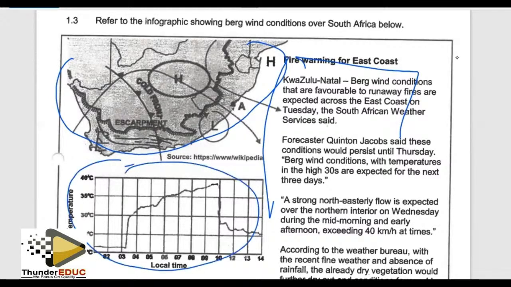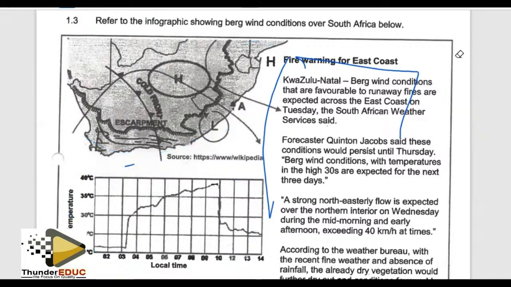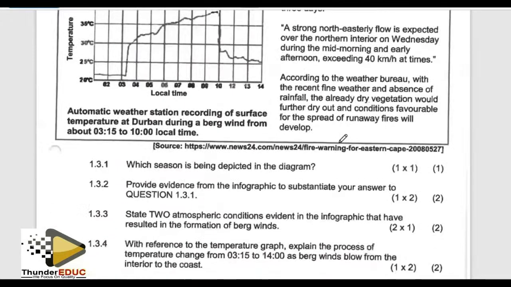Remember, whenever we talk about infographics, it is information in the form of graphics, which could be maps, charts, articles, and all that.